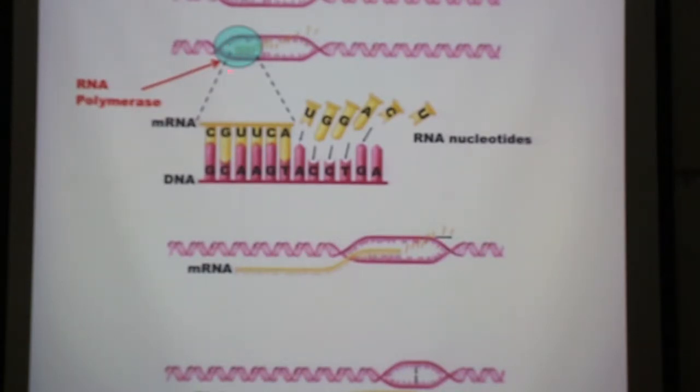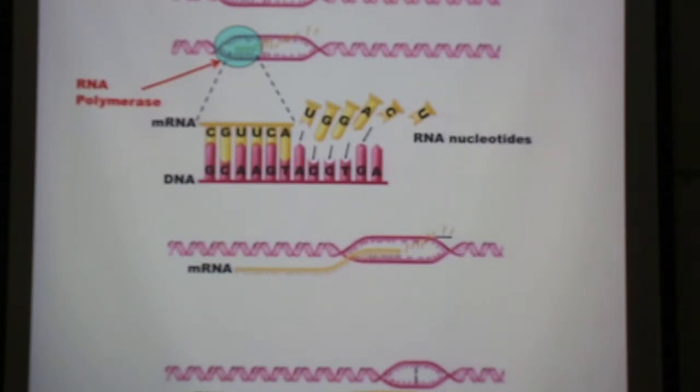This greenish colored round circle represents a different enzyme called RNA polymerase, and what it does is hook RNA nucleotides together. Here you have your DNA, the red or pink color down here, and this shows you the particular sequence. You'll notice that G pairs up with C, and G pairs up with C, and A pairs up with U. So anytime you see U, uracil, you know you're talking about RNA.